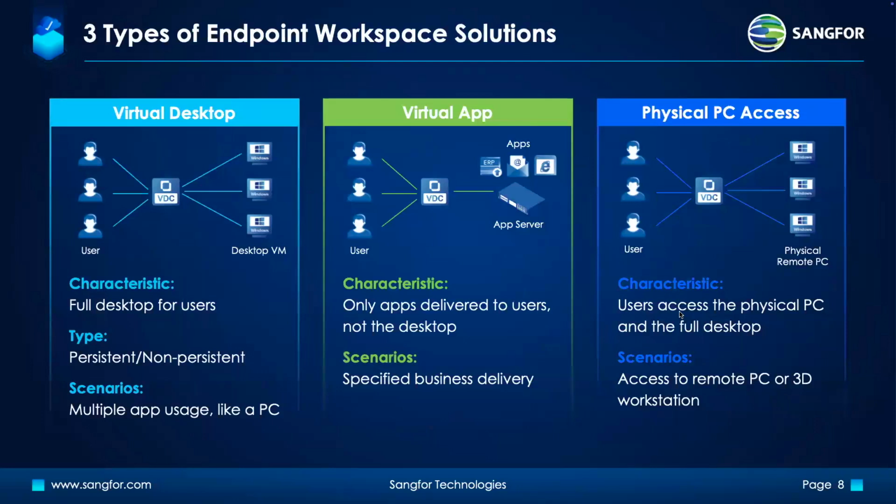So what are the three approaches that you can deliver the applications and desktops to the users? We have three flavors. One is the virtual desktop, which gives you a complete desktop experience with persistent and non-persistent methods. A persistent machine is one where a user logs in with his username and password, and every time he logs in, he gets the same virtual desktop.